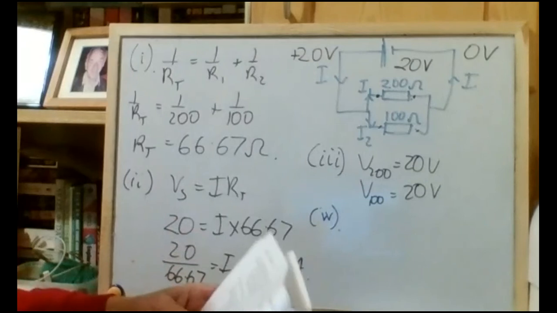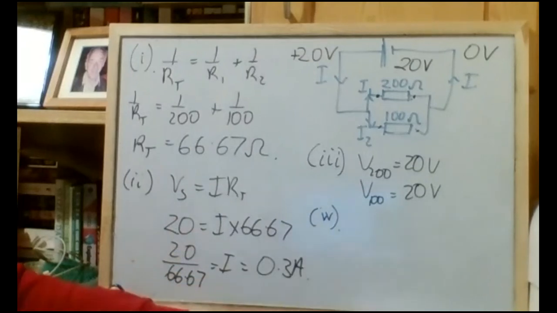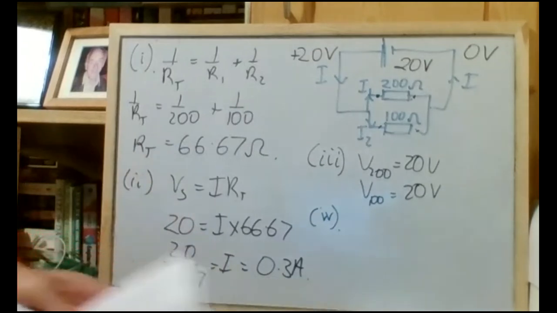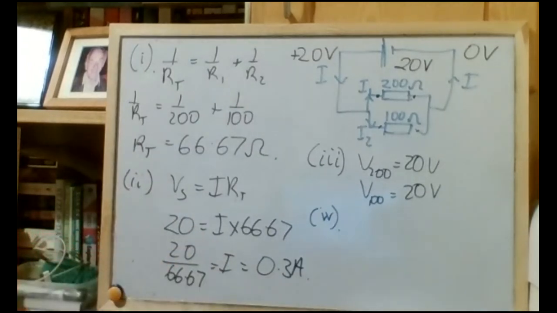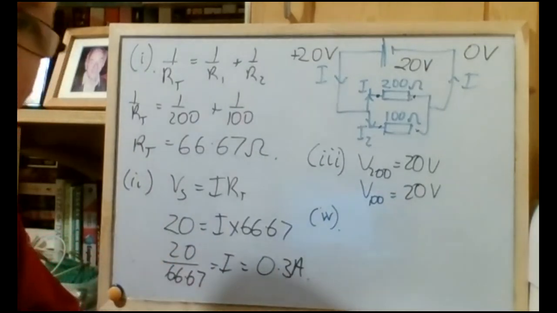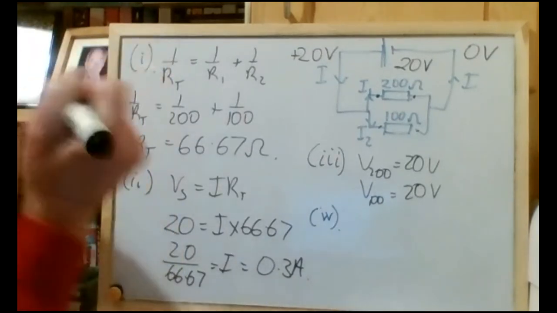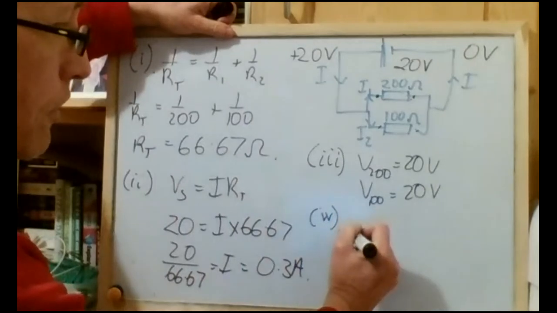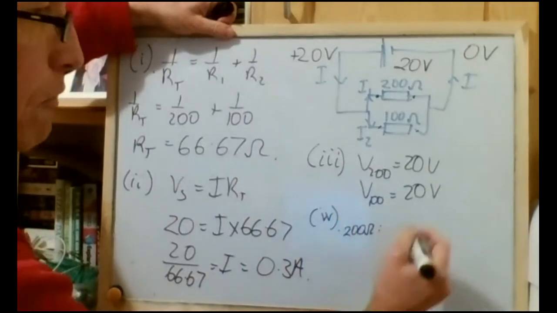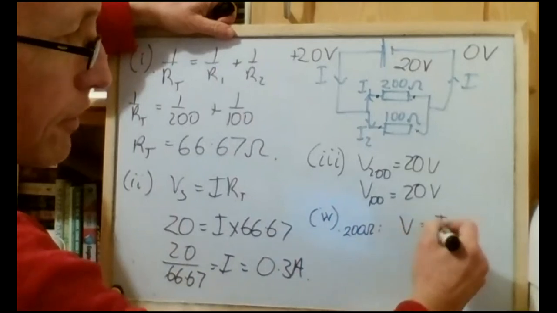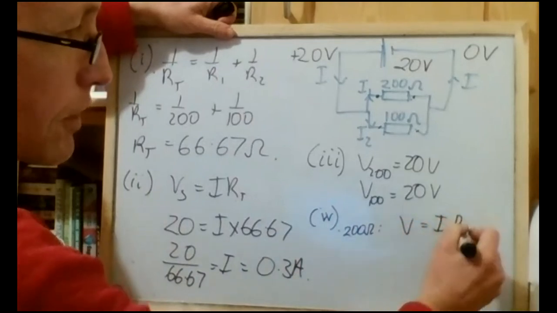Okay, so PD across each of the resistors, the current through each of the resistors. So what's the current in each resistor? And if you're asked about an individual resistor, apply Ohm's law to that individual resistor. So we'll take the 200 ohm one first. The voltage across it equals the current going through it times its resistance.